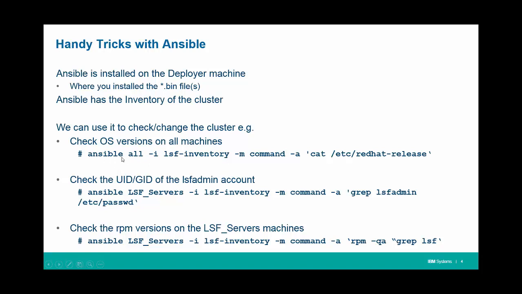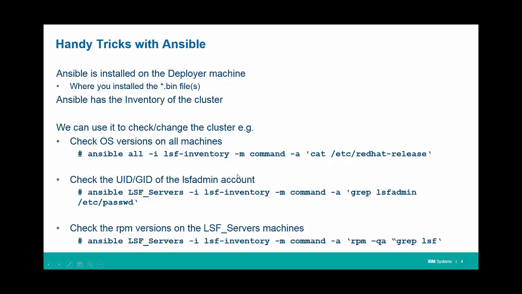Normally we run the Ansible playbook, but here we're just calling Ansible, telling it to run a command on all of the machines in the LSF inventory file, and that command being cat /etc/redhat-release. You run something like that, and it will show you the version of Red Hat or CentOS or Scientific Linux that you're running on your machines.